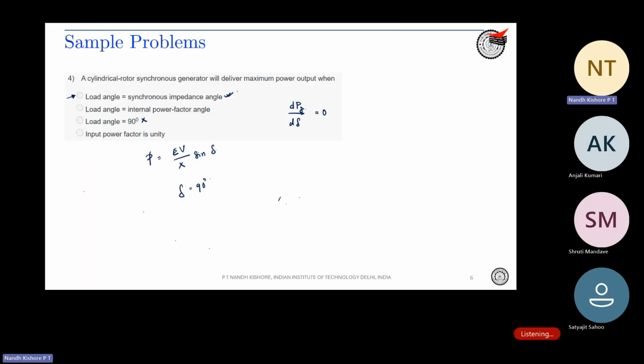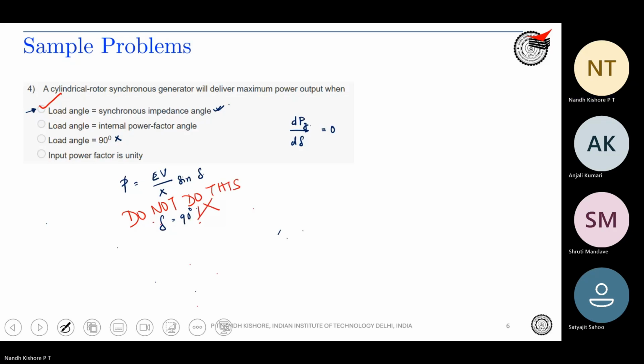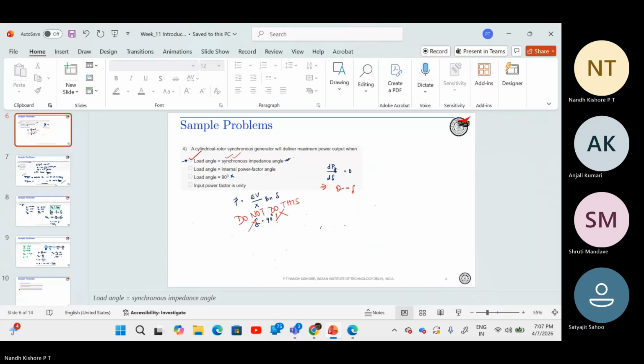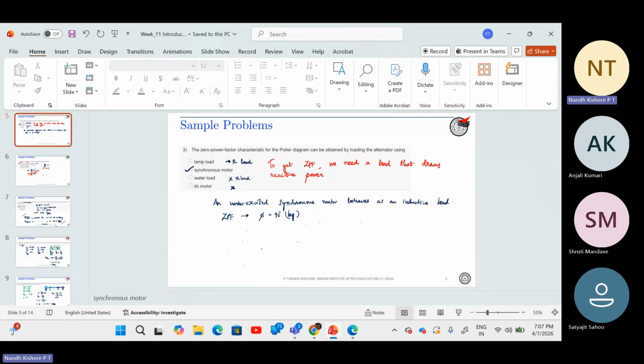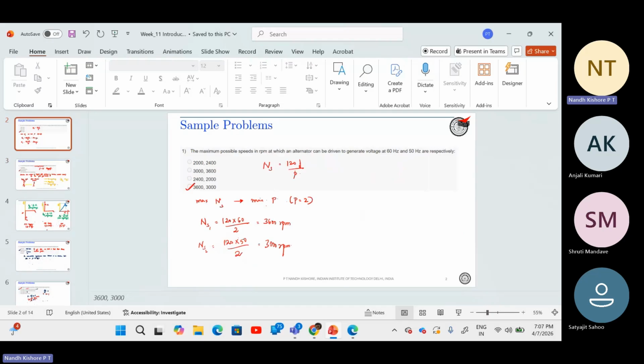Wait, let me clarify over here. So a synchronous motor, this is fine, and this demagnetizing is also fine.